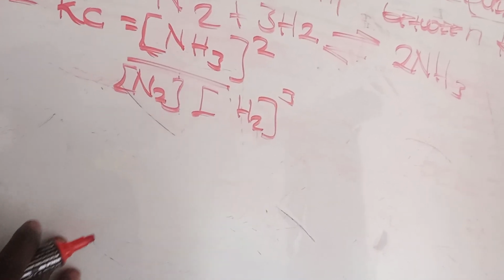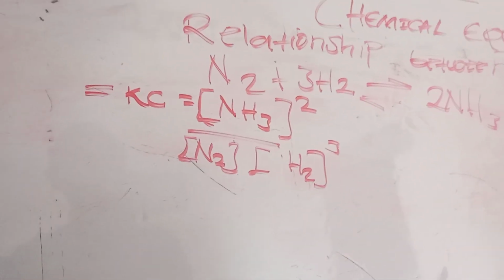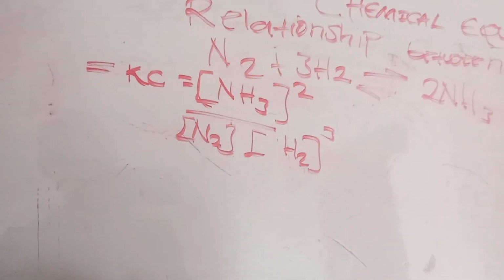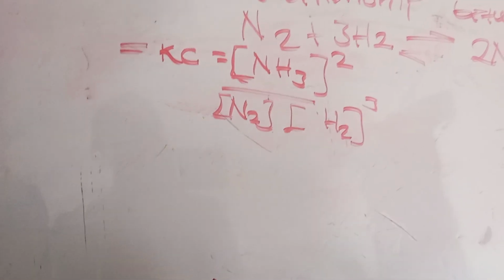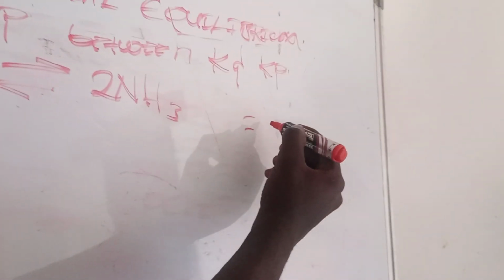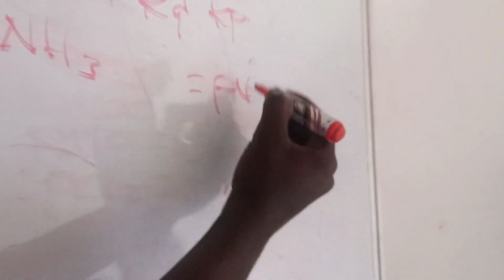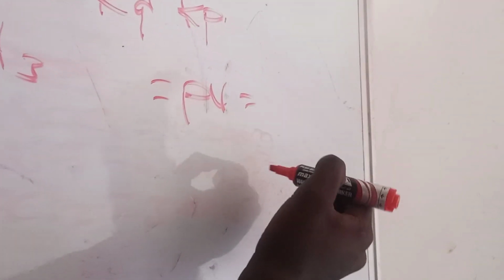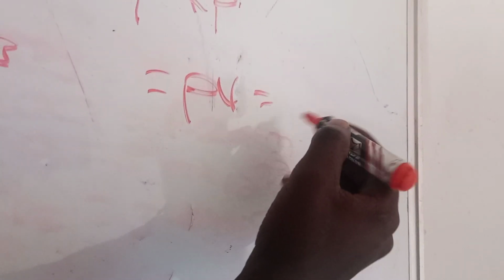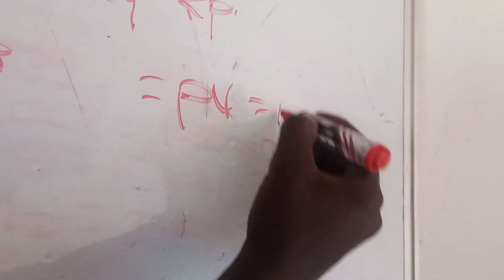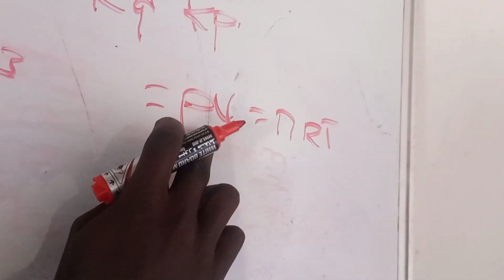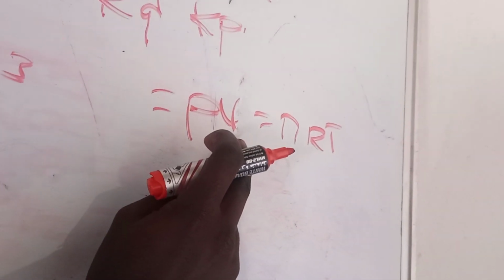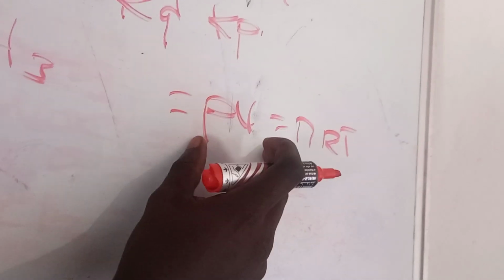You agree with me? In this case, we're going to change the perspective. I'd like to take you back. You all know that if you have PV, the combination of the ideal gas, the combination of Charles's law, Boyle's law and Avogadro's law, is equal to PV equals nRT. Pressure and volume come from Boyle's law and Charles's law.